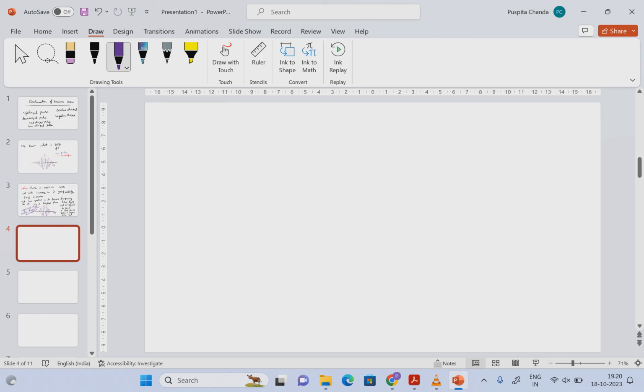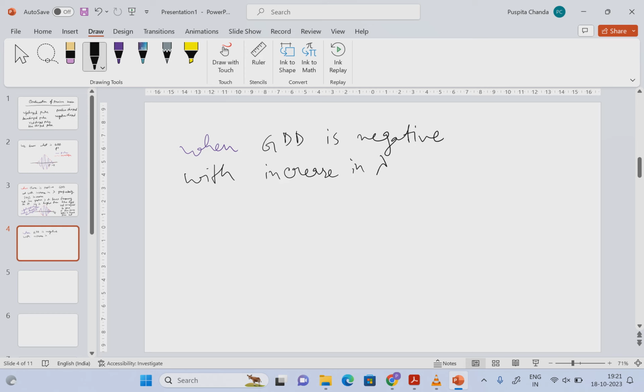And the opposite of this: GDD is negative. With increase in lambda, group velocity decreases.